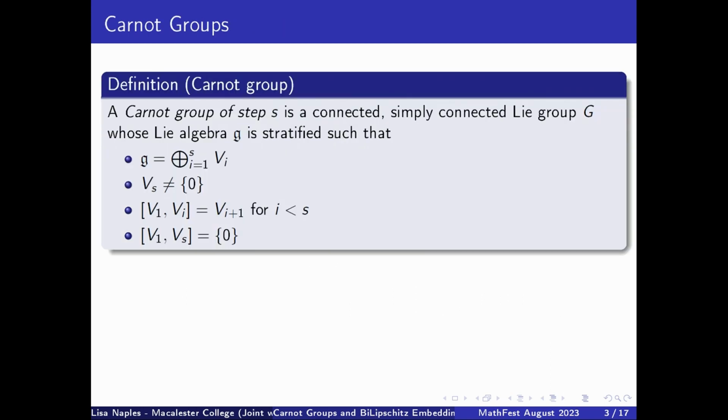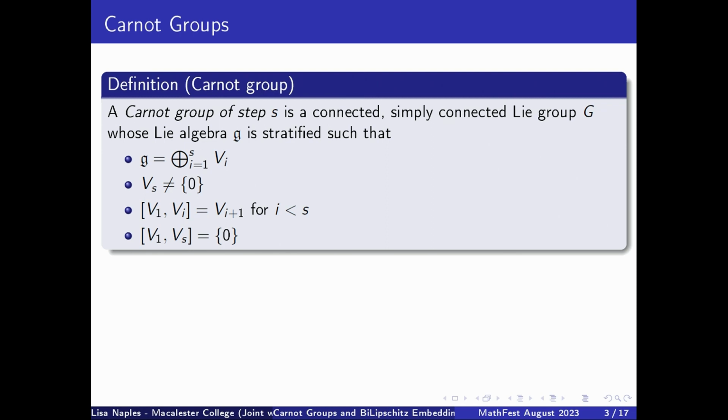Okay, so when I say a Carnot group of step s, I mean a simply connected Lie group that has a Lie algebra, and our Lie algebra is stratified, so we can write the Lie algebra as a direct sum of V1 through Vs, where Vs is non-trivial.